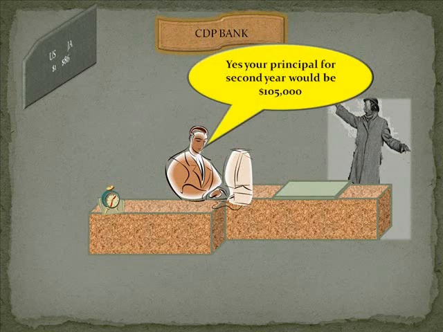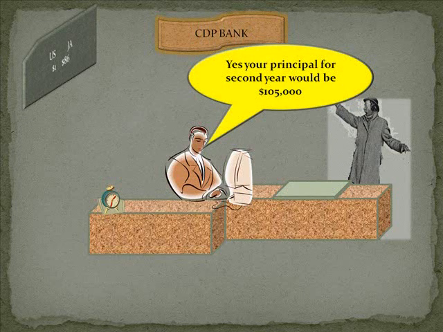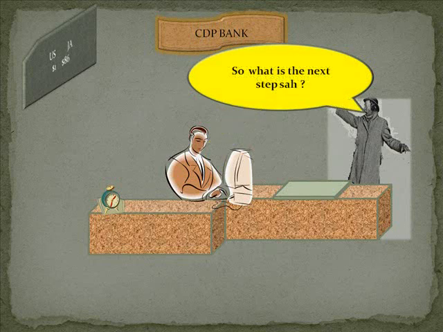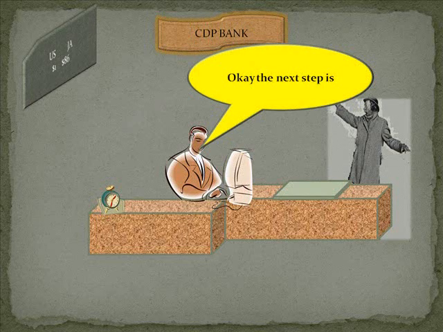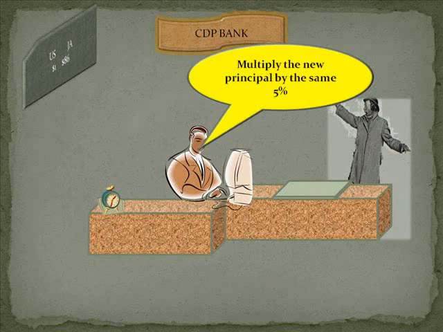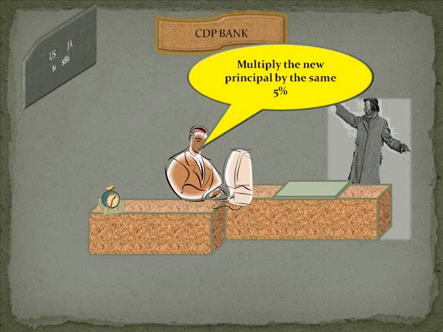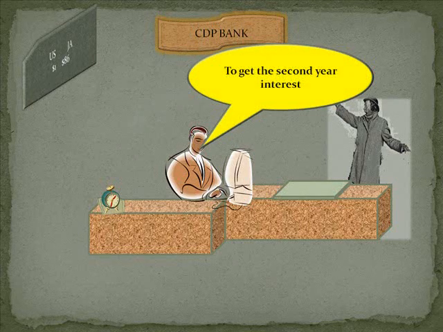Yes, your principal for the second year would be $105,000. So what is the next step, sir? Okay, the next step is to multiply the new principal by the same 5% to get the second year interest.